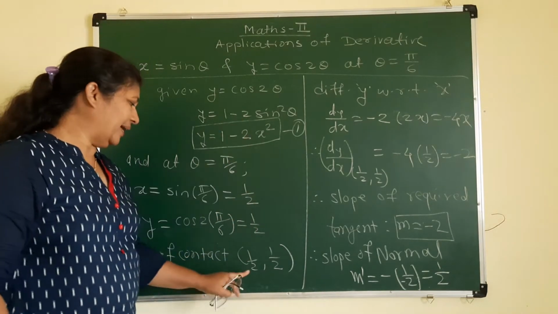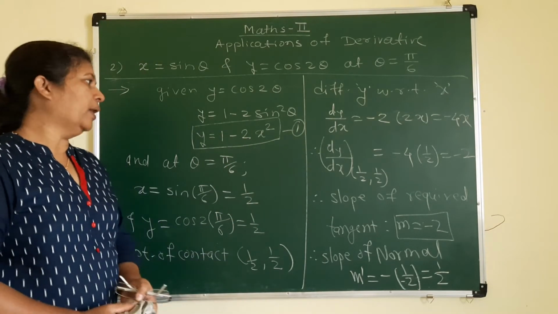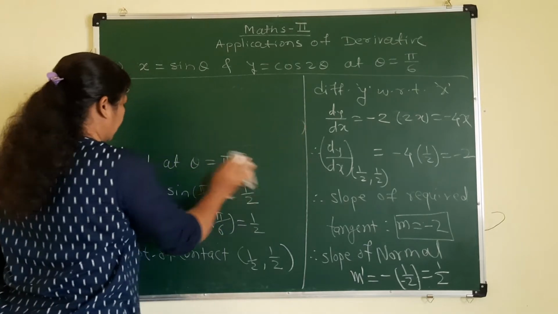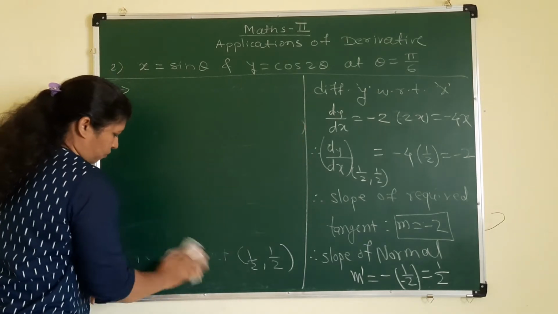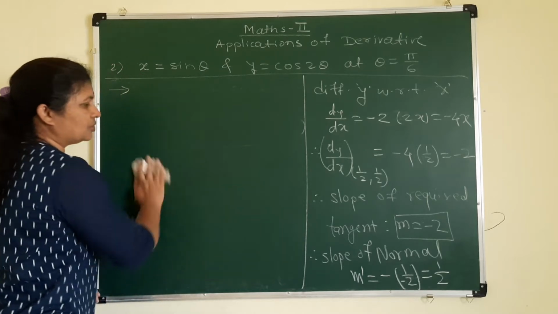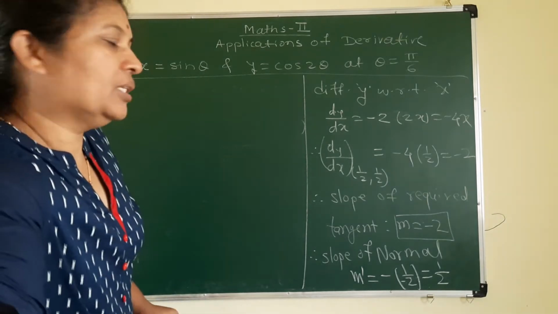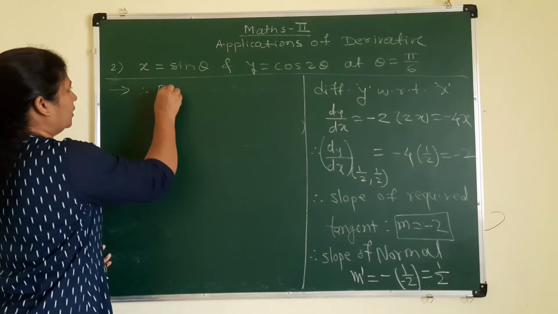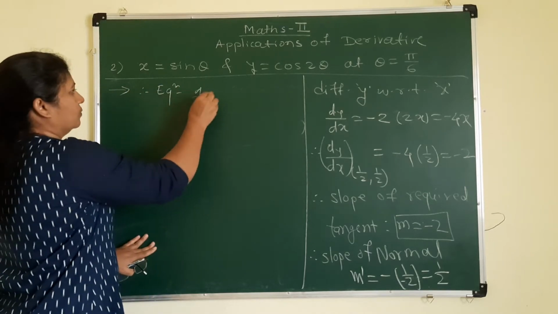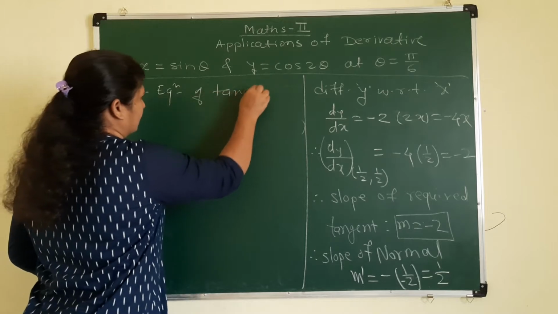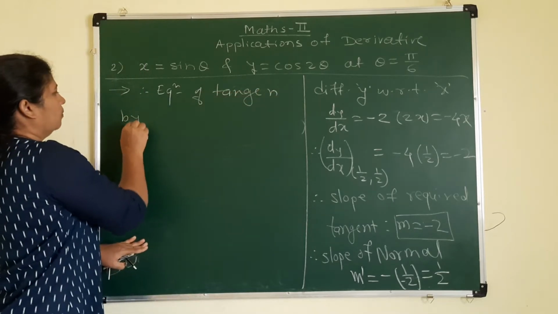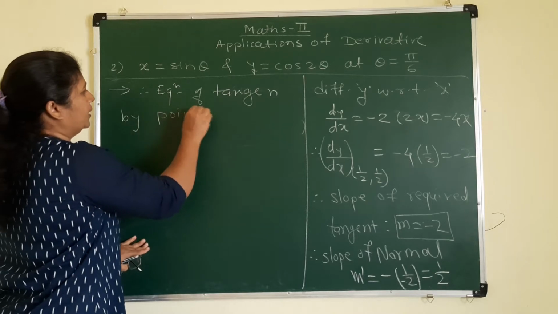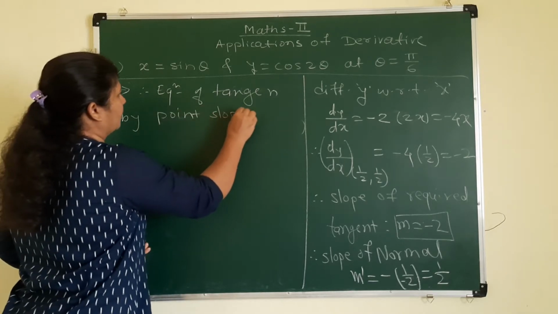The slope of tangent and slope of normal are obtained, and the point of contact is also obtained. Now I will find the equation of tangent and normal by using the point slope form, our last step. Therefore the equation of tangent by point slope form.